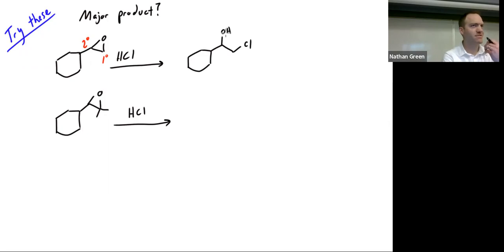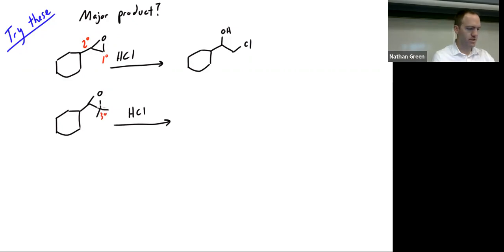Anybody want to try the bottom one? Fantastic. So over here, I think it's a good idea to just label the carbons in advance. You said the tertiary carbon, which one of those? Is it the left or the right? The right carbon is tertiary. Does everybody see how I'm getting to tertiary there? This can be confusing because there are 4 bonds coming off that carbon. So why is it not quaternary?